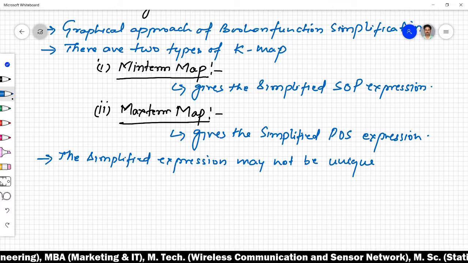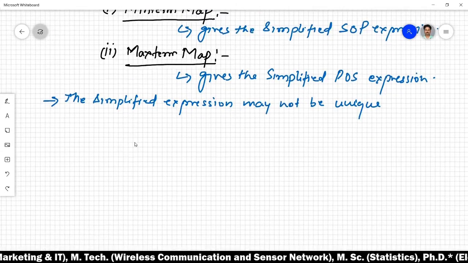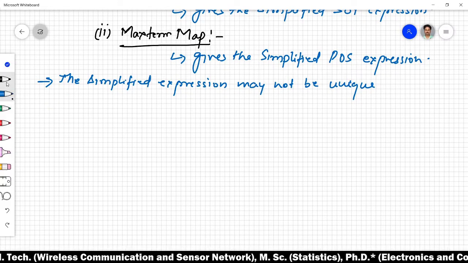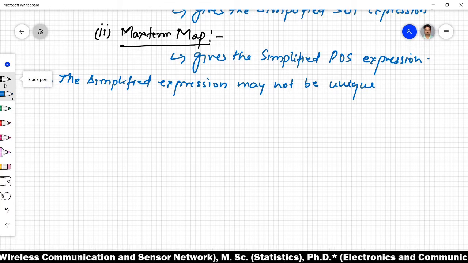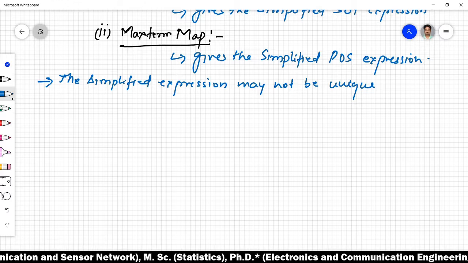Some person may simplify using the same map and get one equation, another will get a different equation. There is a fair chance of this.